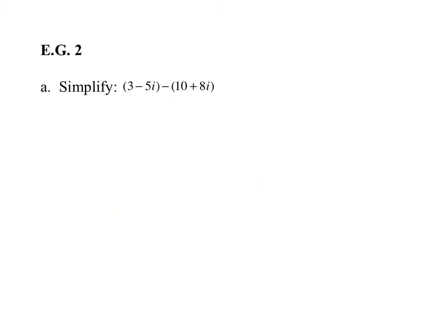Here's an example of a subtraction problem. So this looks a lot like what we did with our polynomials. What you're going to want to do is take the subtraction and change the signs of everything that follows it. So this becomes a minus 10 and a minus 8i. Then you identify your like terms.